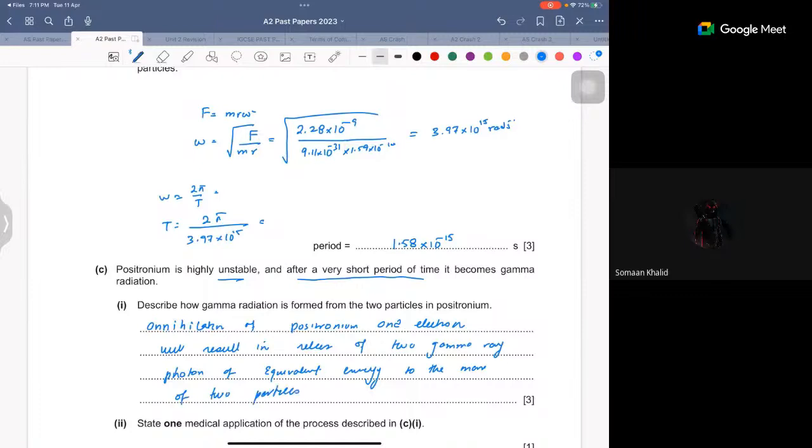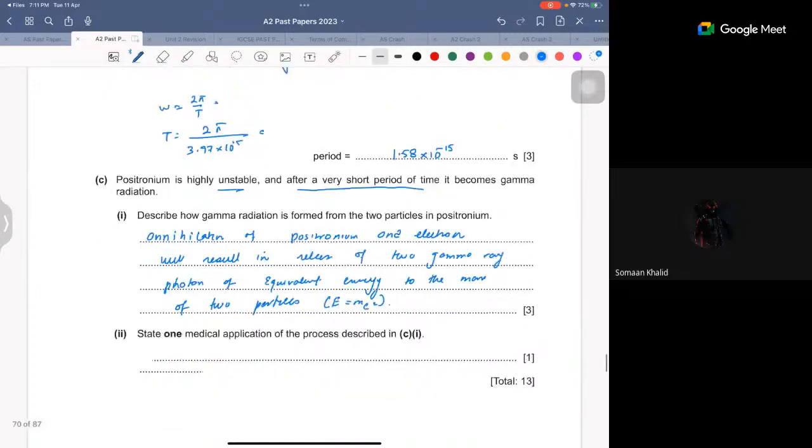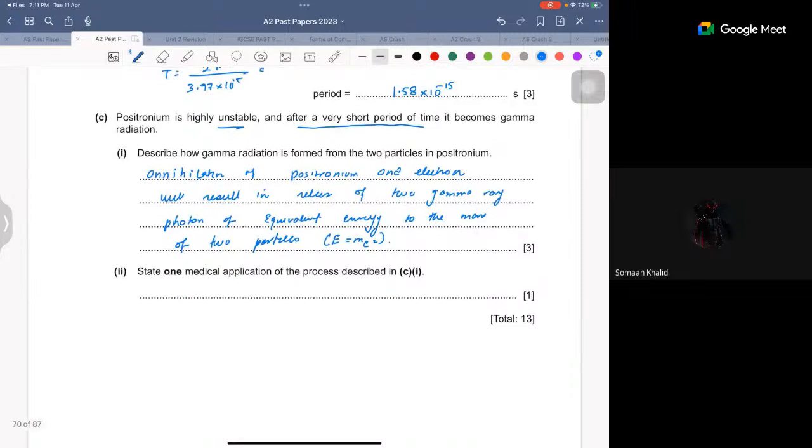This can be explained further by E equals mc squared. All right, this comes from PET. One medical application, obviously, is the PET scan. Anything you would like to ask, please let me know.